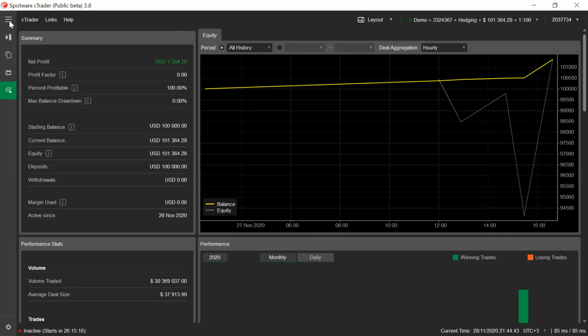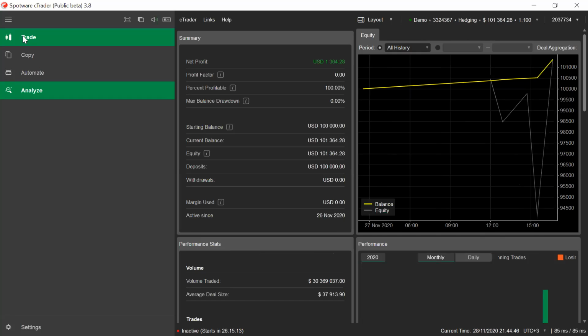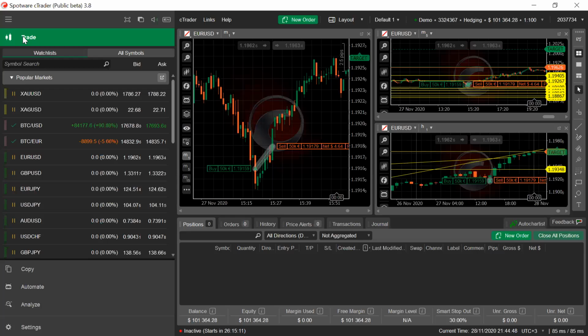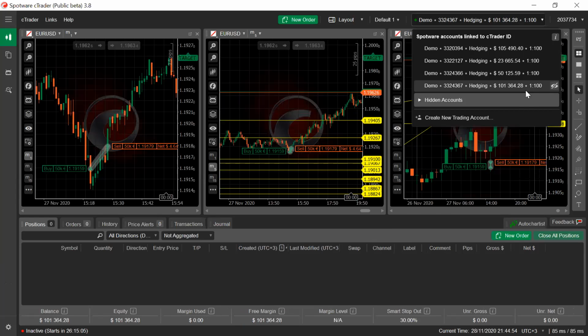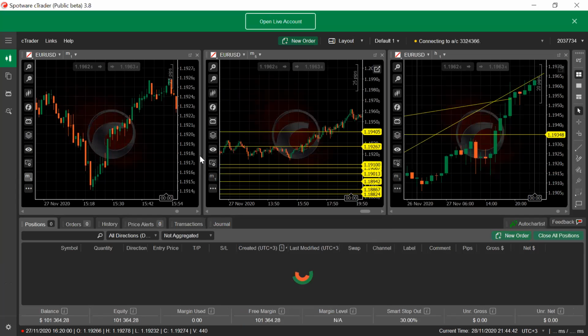So I'm going to go back. You go to trade here. Let me look at maybe this one, the 50K. Even though on the 50K I did well also, let's look, did I meet the requirement?